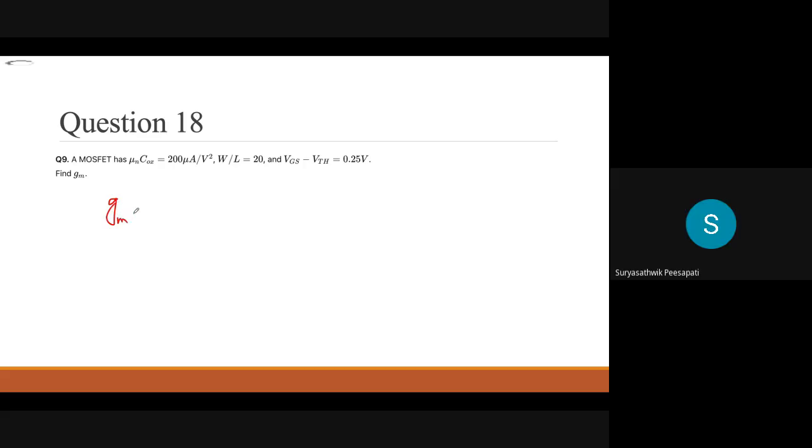Ma'am, GM is equal to mu n Cox W by L, VGS minus VTH, ma'am. Yes, mu n Cox, W by L, into VGS minus VTH. Please practice this type of question.